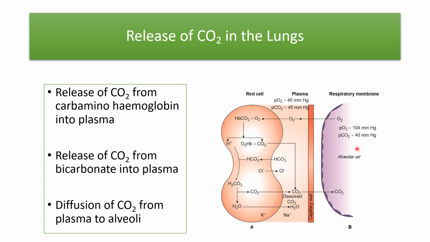Since the partial pressure of carbon dioxide in the alveoli is 40 mmHg, the carbon dioxide from the plasma enters into the alveoli of the lung due to the partial pressure gradient. And from the alveoli, due to the constant ventilation, carbon dioxide is transported to the atmosphere.